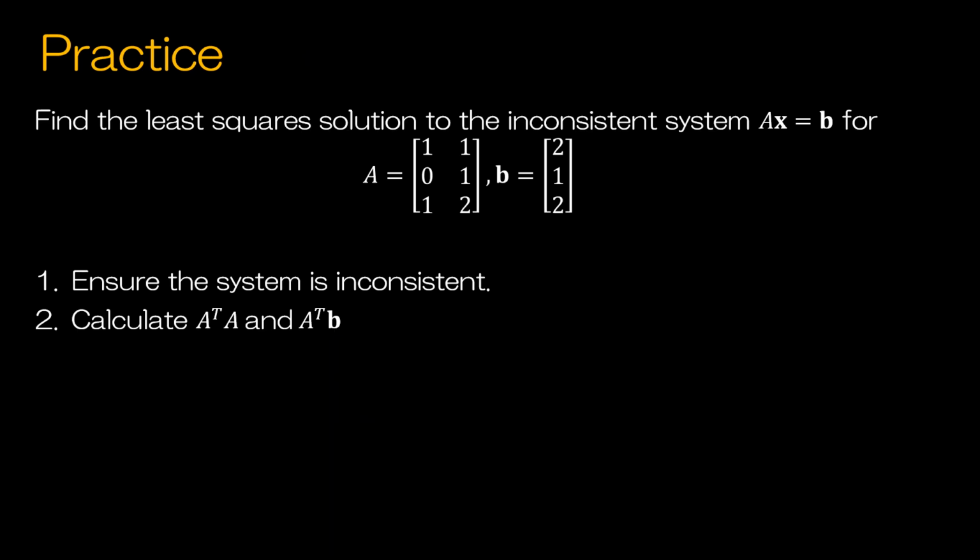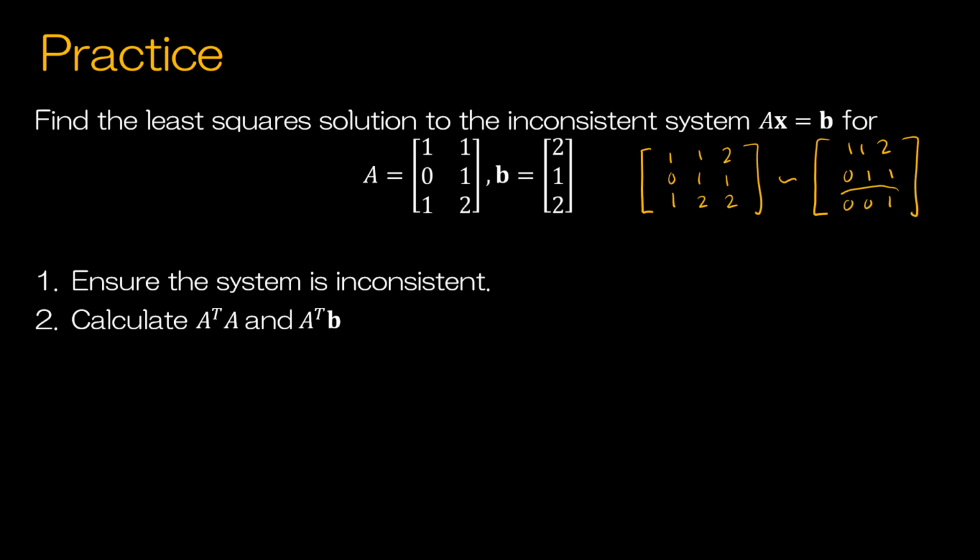So let's take a look at this practice question where we're going to use everything that we've learned. We're going to find the least squares solution to the inconsistent system Ax equals b, and we're given A and we're given b. Now, I don't have to check that it's inconsistent. If I did, all I would do is have the augmented matrix 1, 0, 1, 1, 1, 2, 2, 1, 2, and row reduce, and I would end up with 1, 1, 2, 0, 1, 1, and 0, 0, 1.